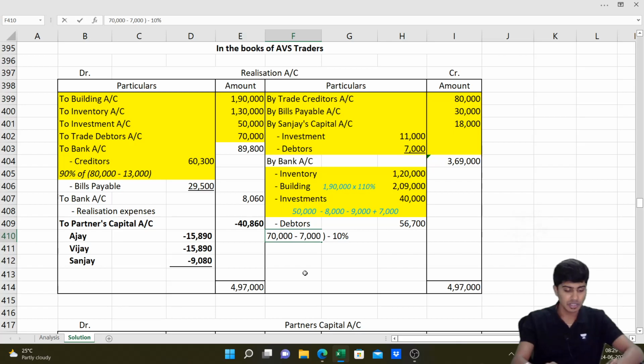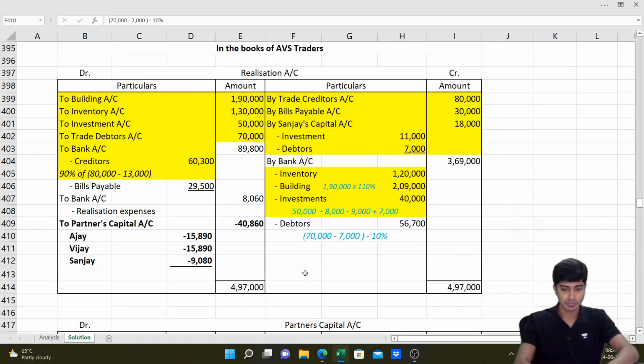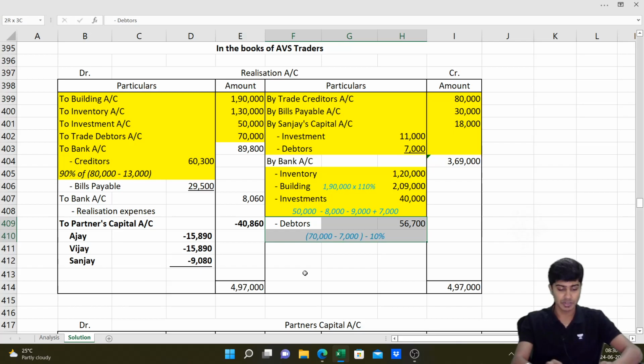So out of 70,000, if you have received 7,000, what remains is 63,000. From 63,000, if I deduct 10%, I will be left with 56,700. That is the amount that will be paid. 56,700.